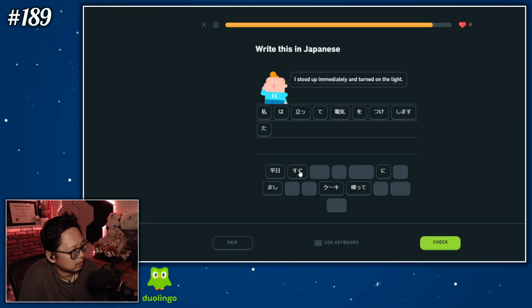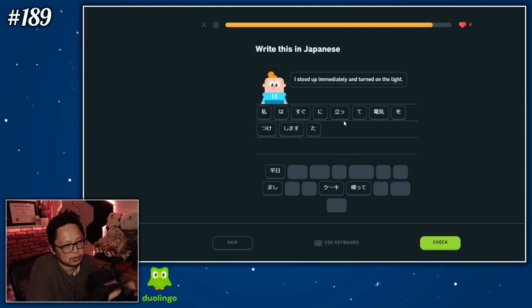Oh, stood up immediately, すぐに. Okay. Yeah, it just goes on. The te is the thing that combines the two. So watashi wa, and I gotta get used to this too.